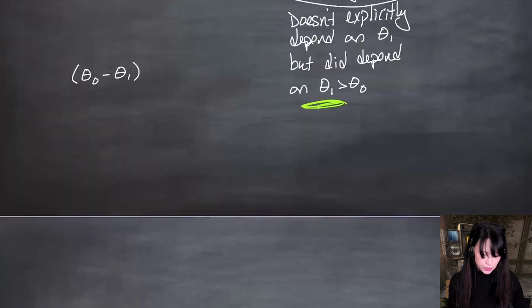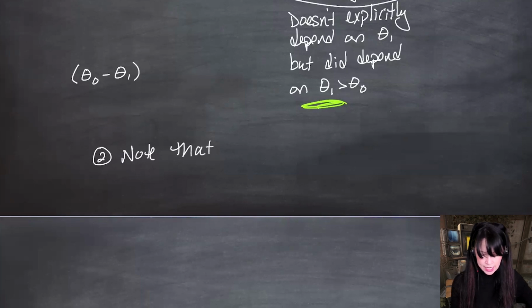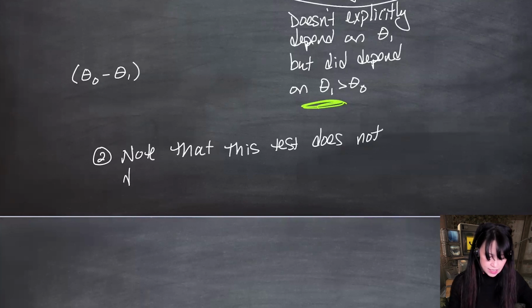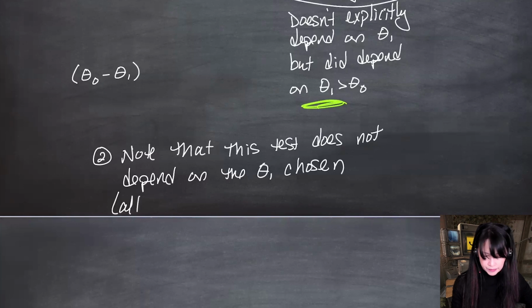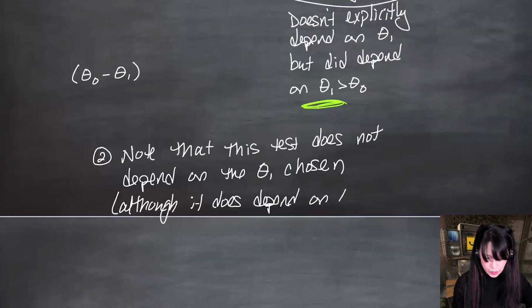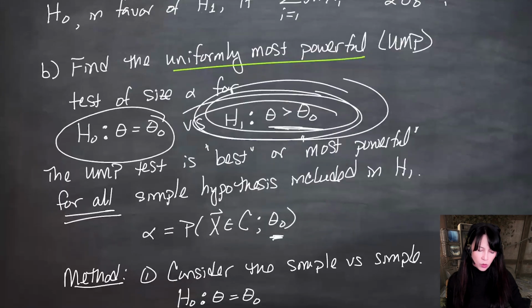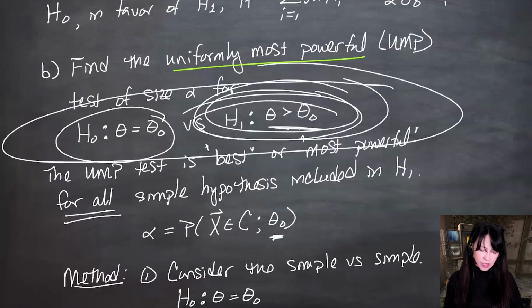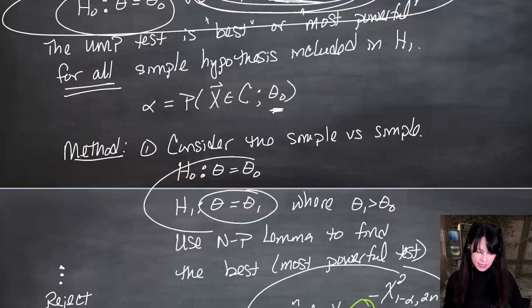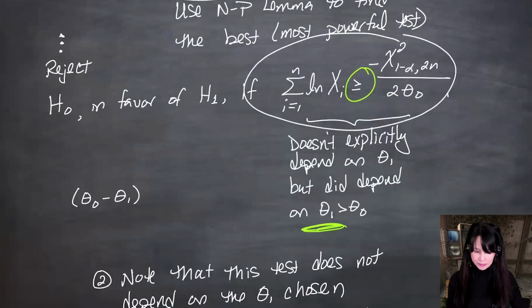So step 2 of this method is to note that this test does not depend on the theta 1 chosen, although it does depend on theta 1 being greater than theta naught. Other than that, it works for all of those theta 1s we could have chosen when we took our simple versus composite hypothesis and considered a simple versus simple for many different given theta 1s.